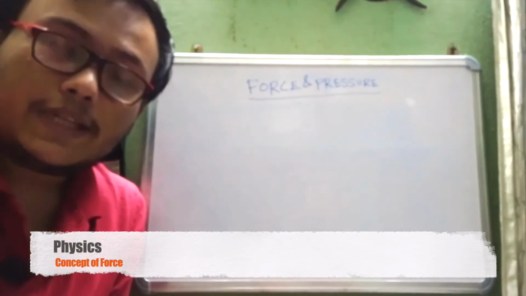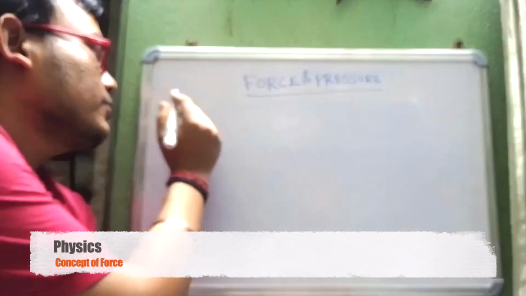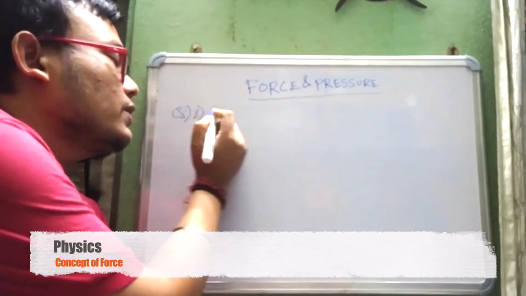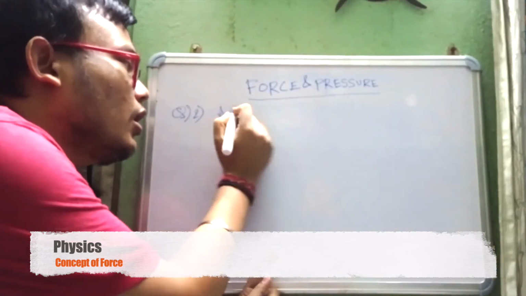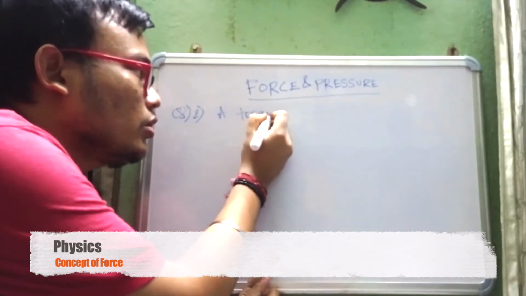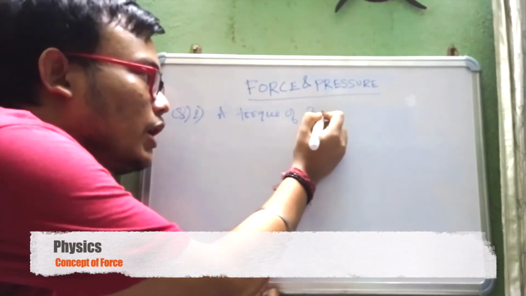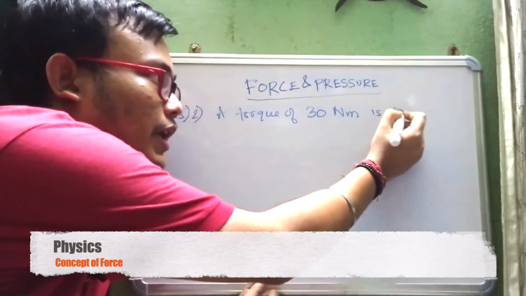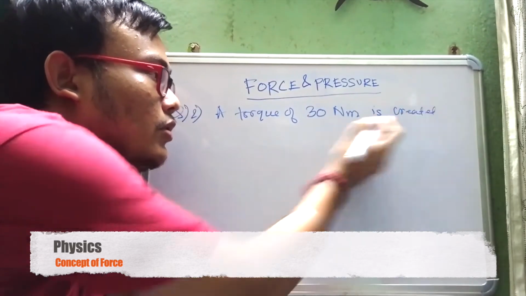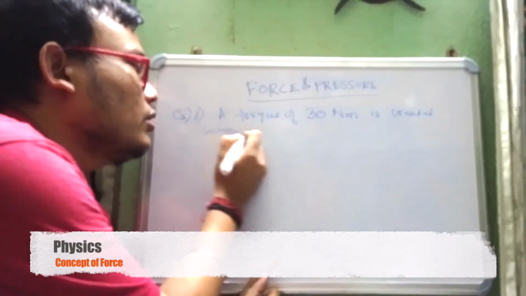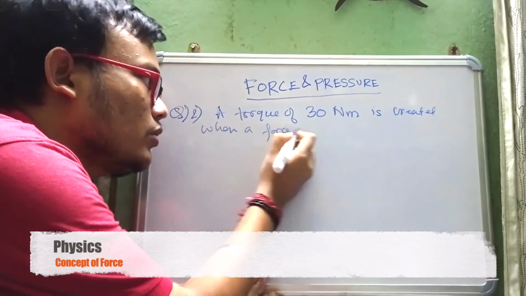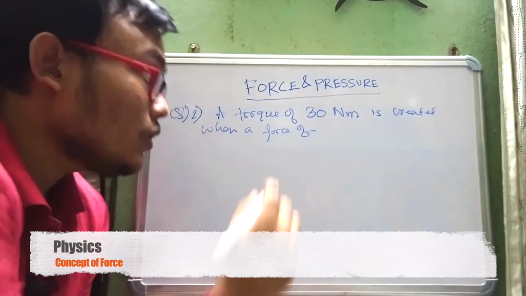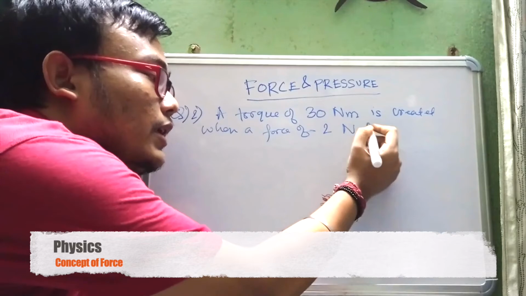Now the second numerical says that a torque of 30 Newton meter is created when a force of 2 newtons is applied.